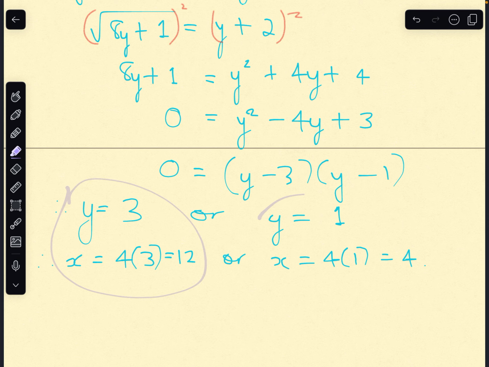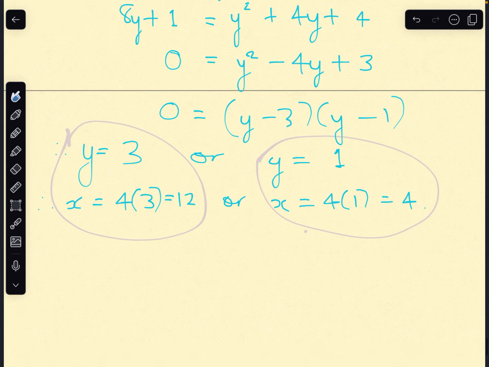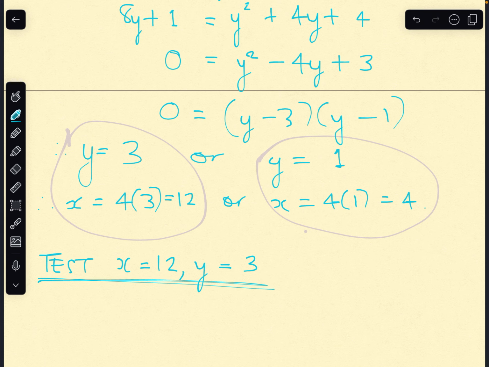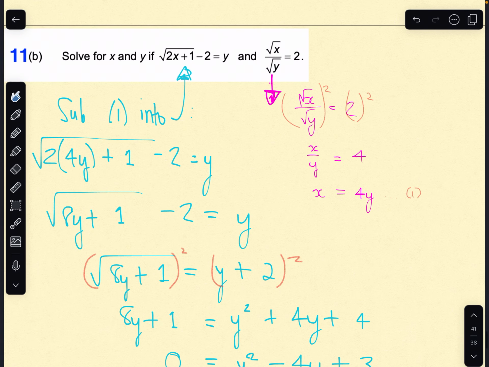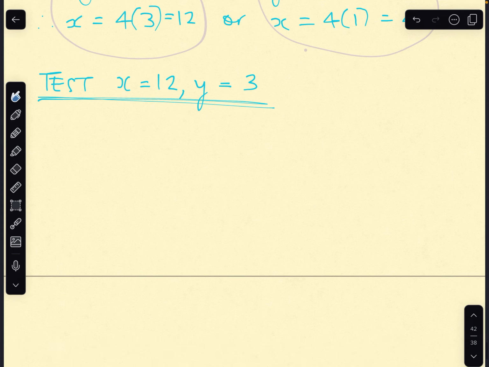The first and the second. So now we test, we verify. We're going to test x equal to 12 and y equal to 3 first. If I put that into this equation, it's the easier one to work with.